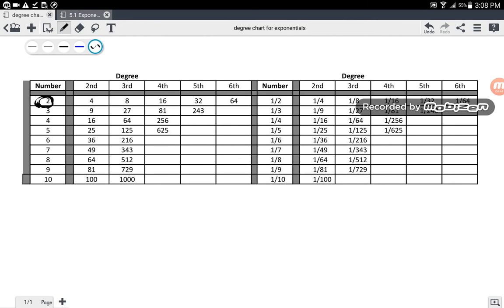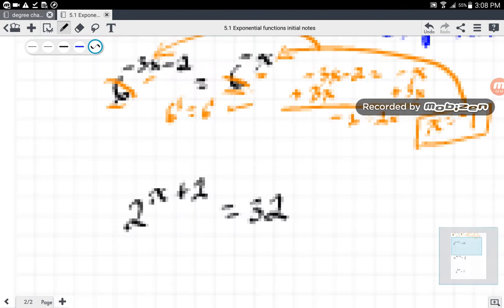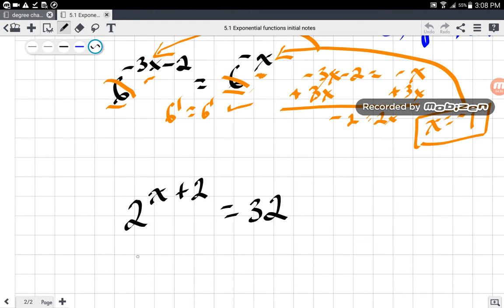So right here I have 2 to the first power, and 2 to the fifth power will give me 32. So I can rewrite this as 2 to the x plus 2 equals 2 to the 5th.